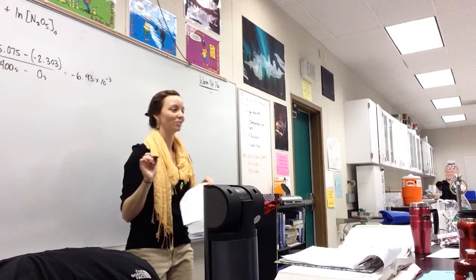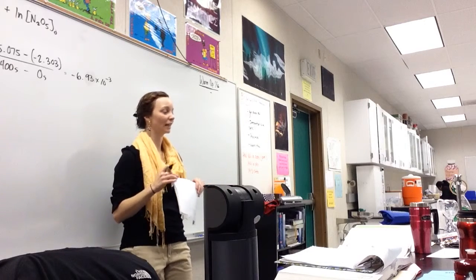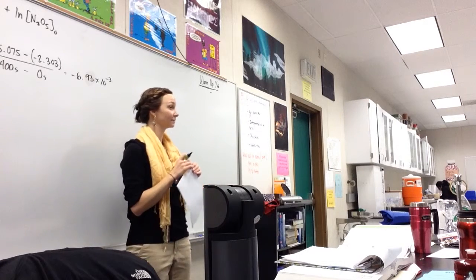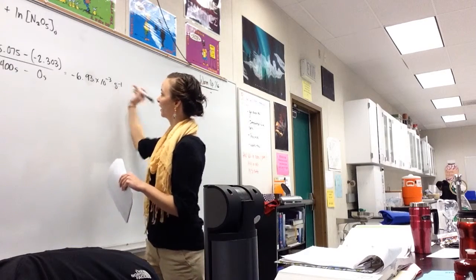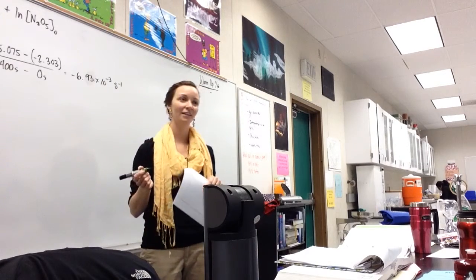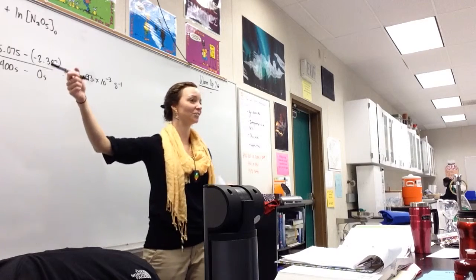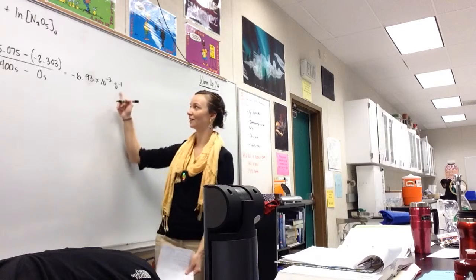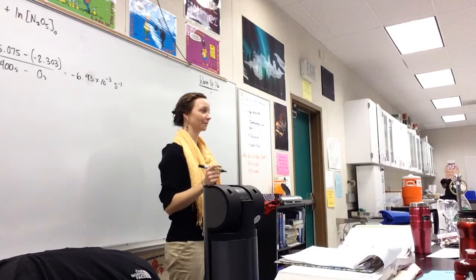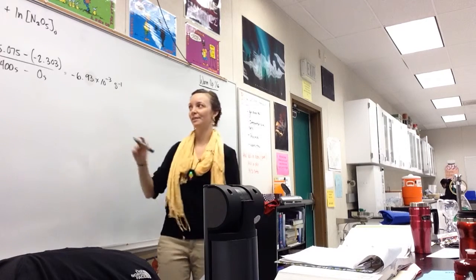Now here's the question. What are the units going to be on this? Seconds to the negative 1. How did you know that? Order of reaction. Yes, this is a first order reaction. So just like we talked about yesterday for units on K, first order reactions have a unit of seconds minus 1. So it's that simple.